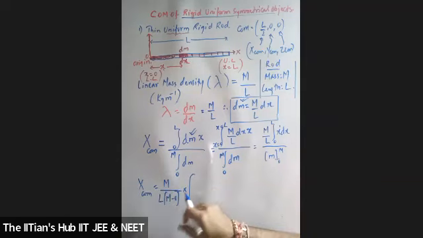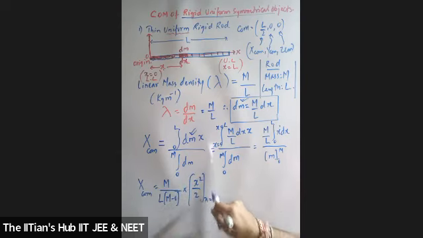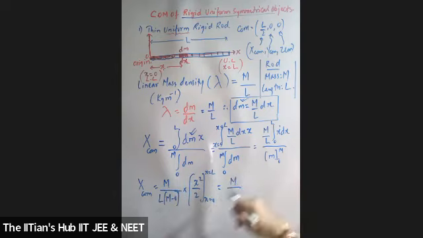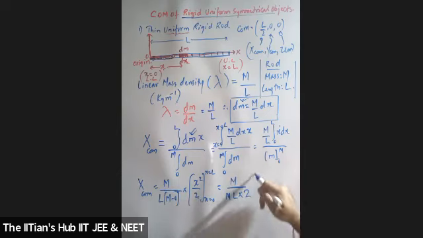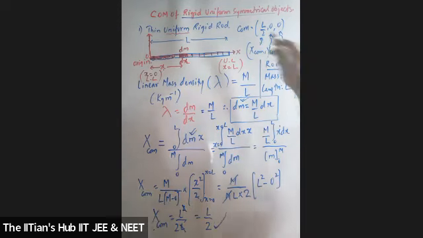The lower limit is x equal to 0, the upper x equal to l. Solving further, this will be M upon Ml into 1 by 2 coming out. For the upper limit put x as l square minus 0 square, M gets cancelled. So xcm will be l square minus 0 square, which is l square, and l square upon 2l, l gets cancelled. What's my answer? l by 2. This is your center of mass, l by 2. Yes.